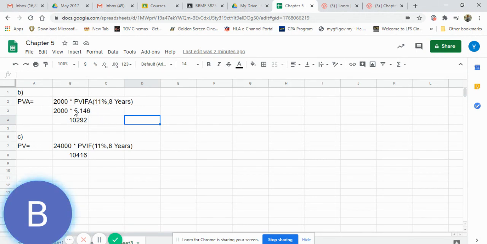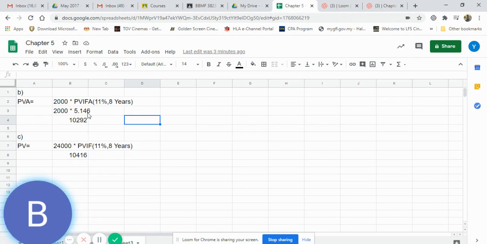This is how you show it for workings when you use your PV table, right? So 2000 times present value annuity interest factor, PVIFA, and in the bracket you show what is the interest rate and what is the duration, 11% in 8 years.